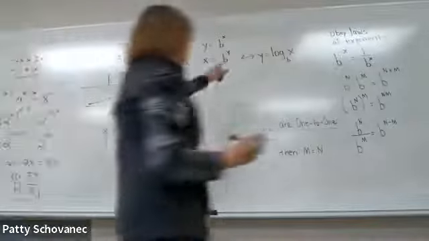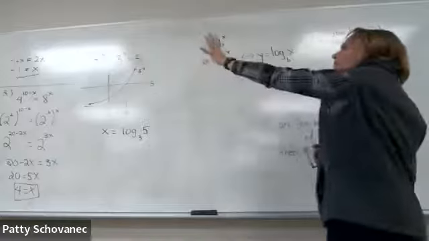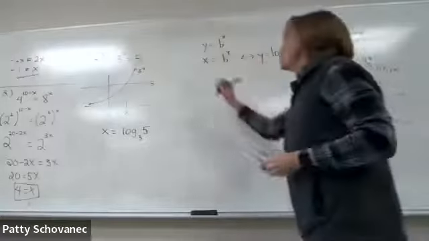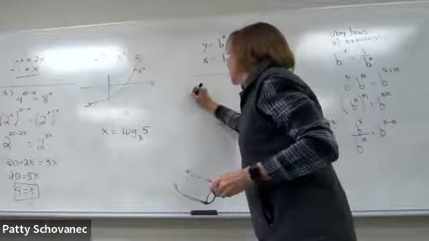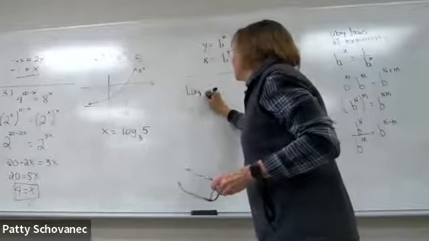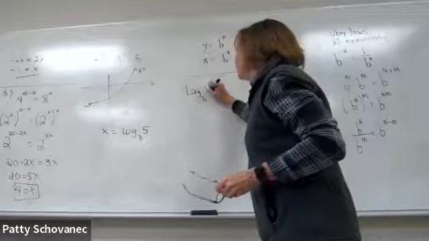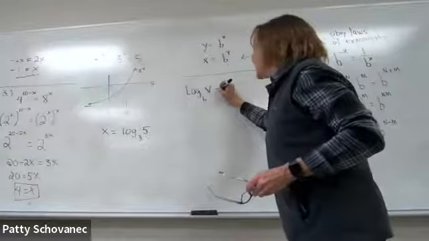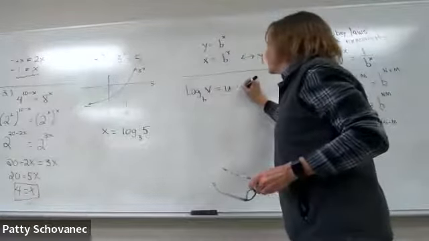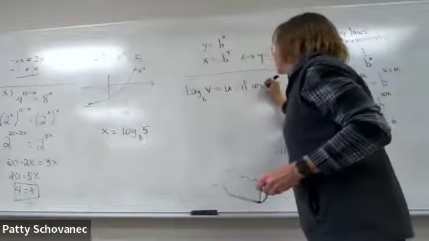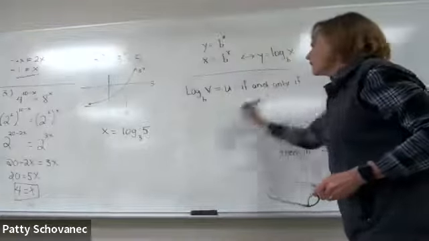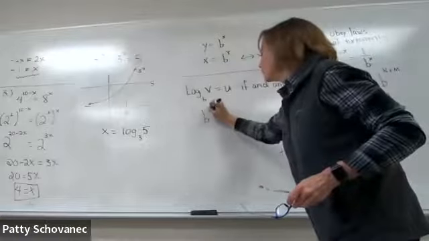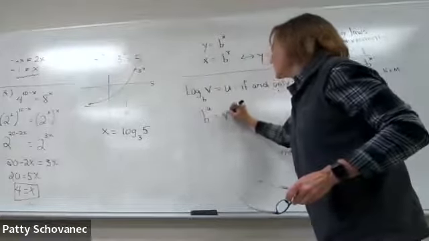Whatever the power is here. So to keep you from getting mixed up with u's and x's, I'm going to go this way. I'm going to say that the logarithm base b of a value v is an exponent u if and only if b raised to the u is equal to that value.